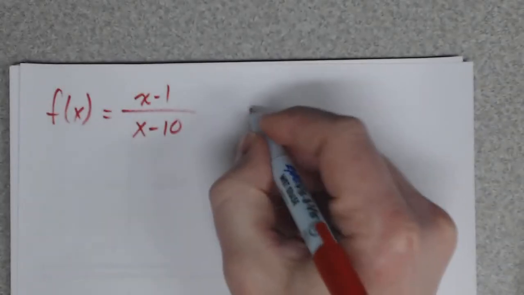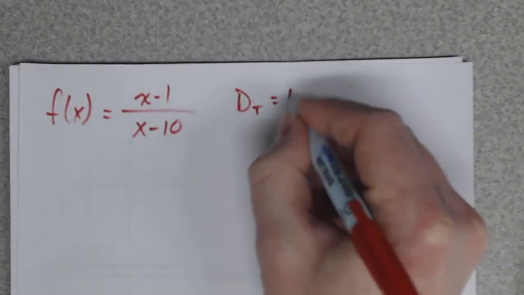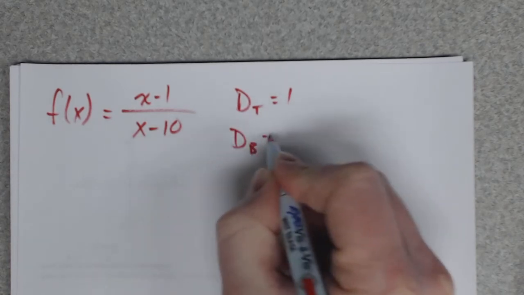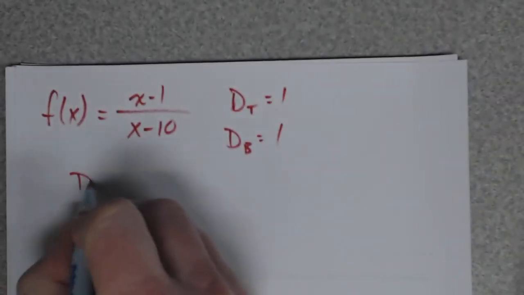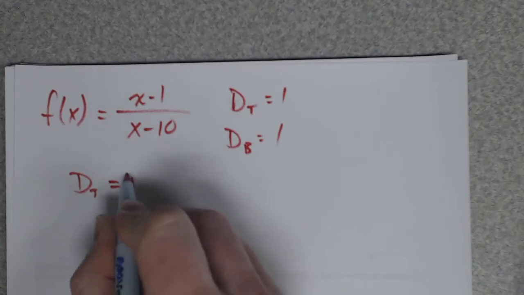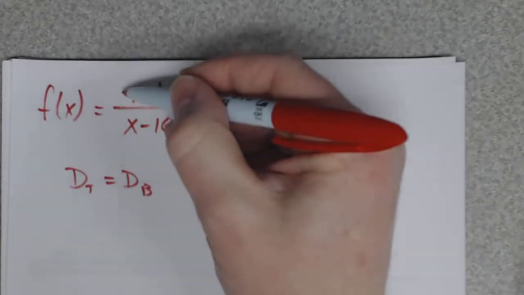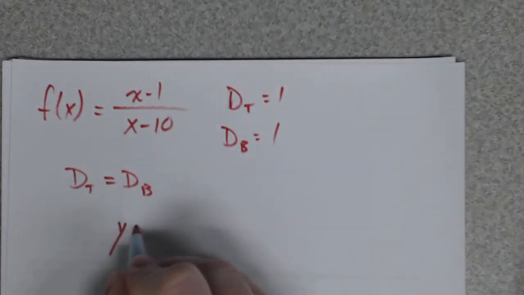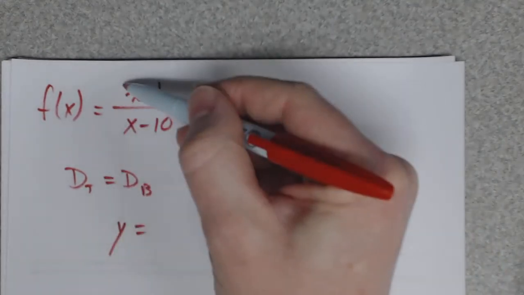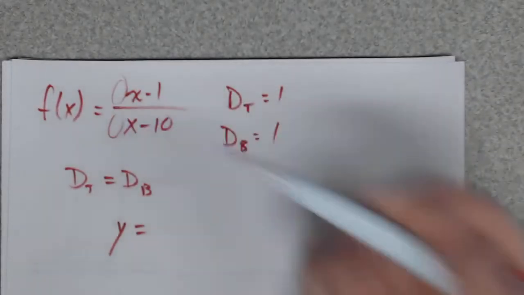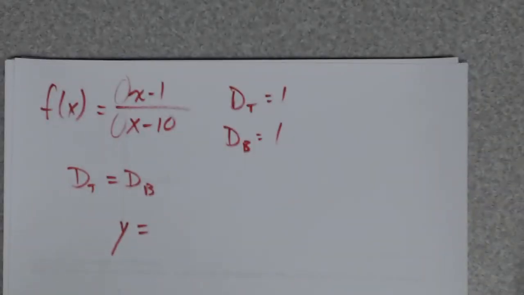Well, if they have the same degree, which in this case is 1, and the degree of the bottom is 1, if those degrees are the same, what you do is you find it's a fraction, and it's the front coefficient of the top divided by the front coefficient of the bottom.